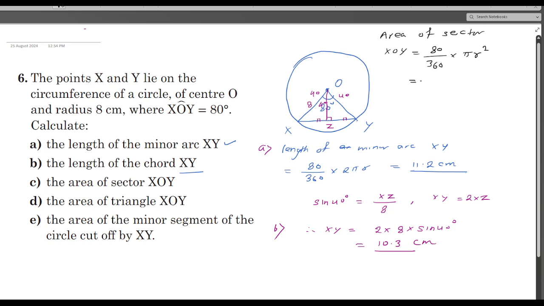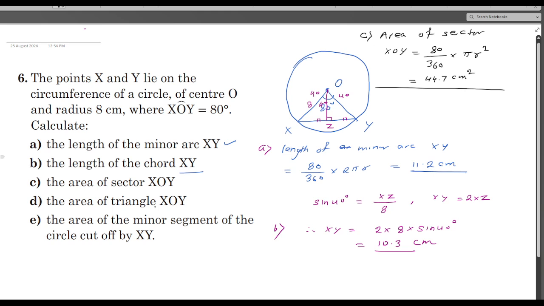So this gives you result as 80 divided by 360 times pi times r square, which is 8 square. So it gives you result as 44.68, that is 44.7. So result is 44.7 centimeter square. This is area of sector, C part.